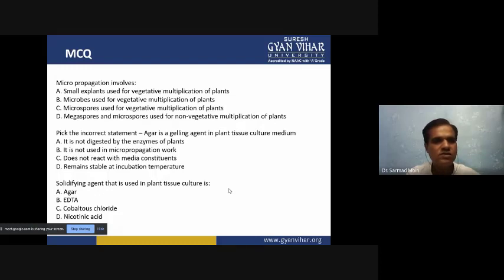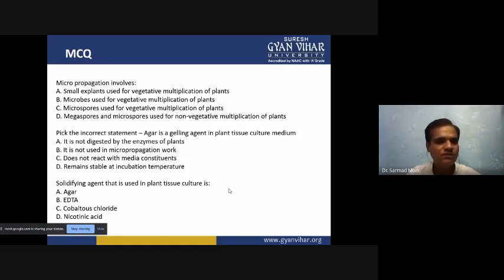Then some important questions. Micropropagation involves: option A, small explants used for vegetative multiplication of plants; option B, microbes used for vegetative multiplication of plants; option C, microspores used for vegetative multiplication of plants; option D, megaspores and microspores used for non-vegetative multiplication of plants.